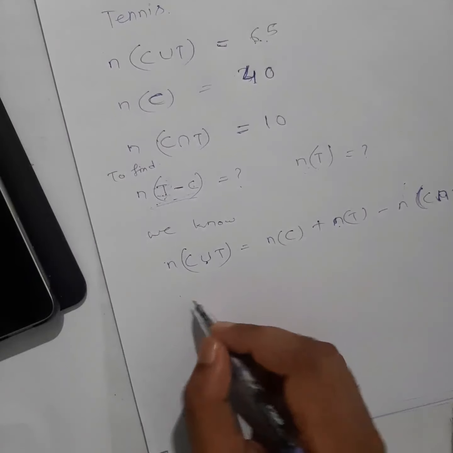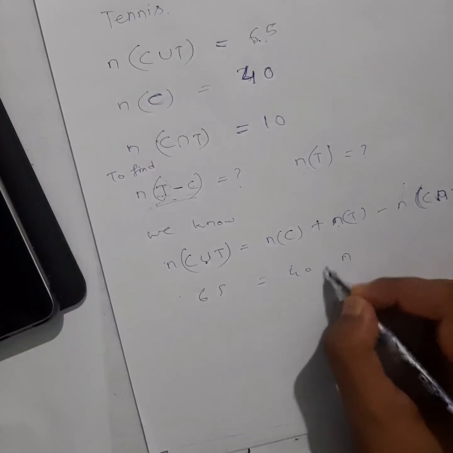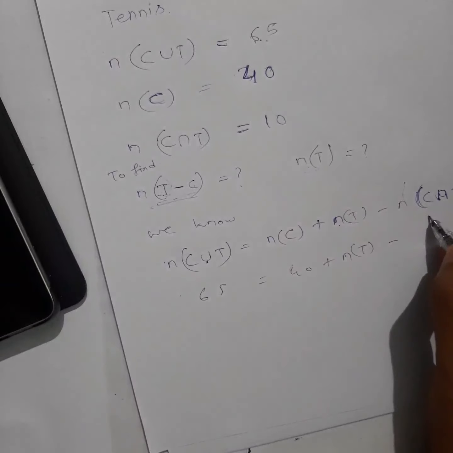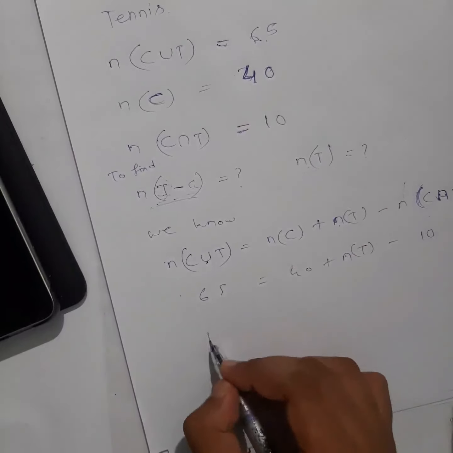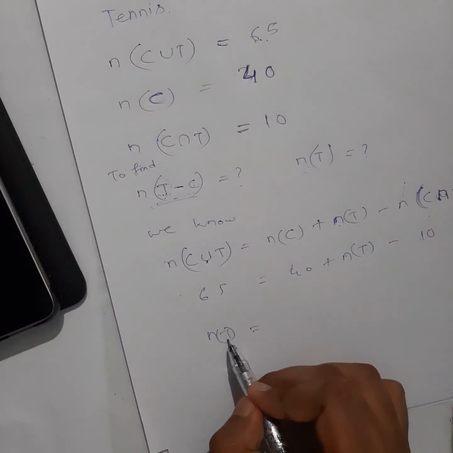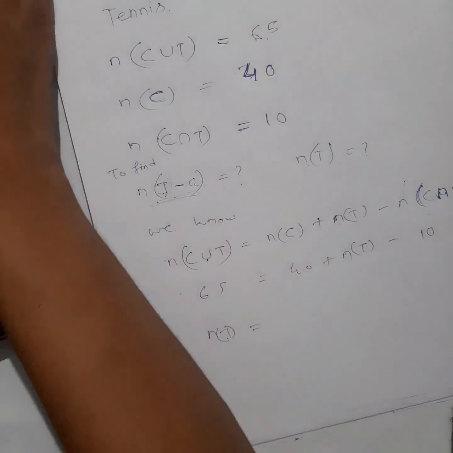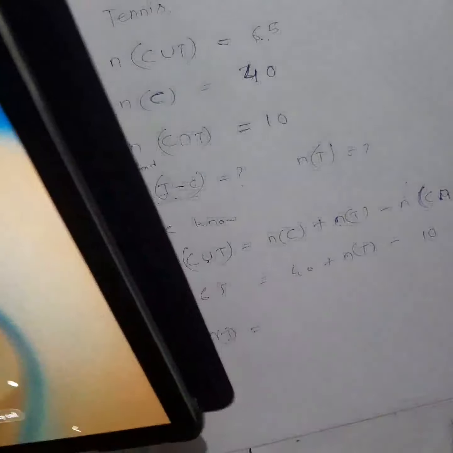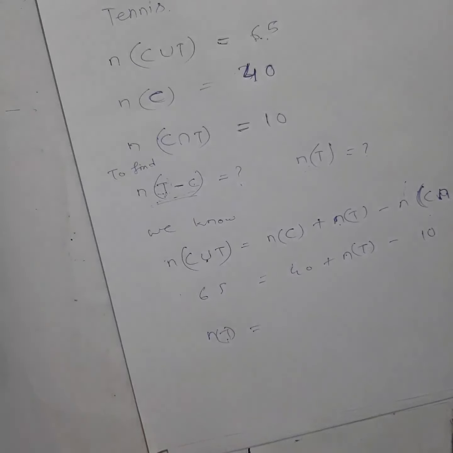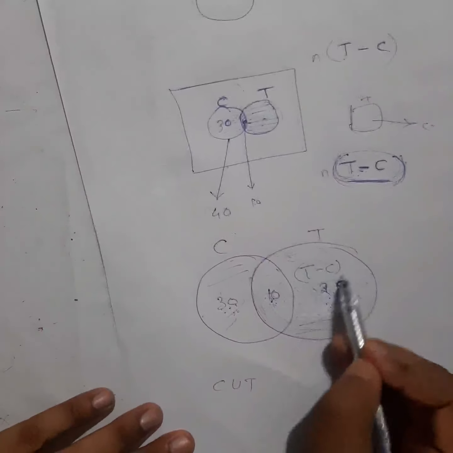So here you just put the values 65, 40, which we don't know and have to find out, minus this one which we know, that is 10. So solve this and find out the number of persons who like tennis. Next, you have to find out this one. According to the Venn diagram, you write down from here. So how will you find T minus, how many people are there?